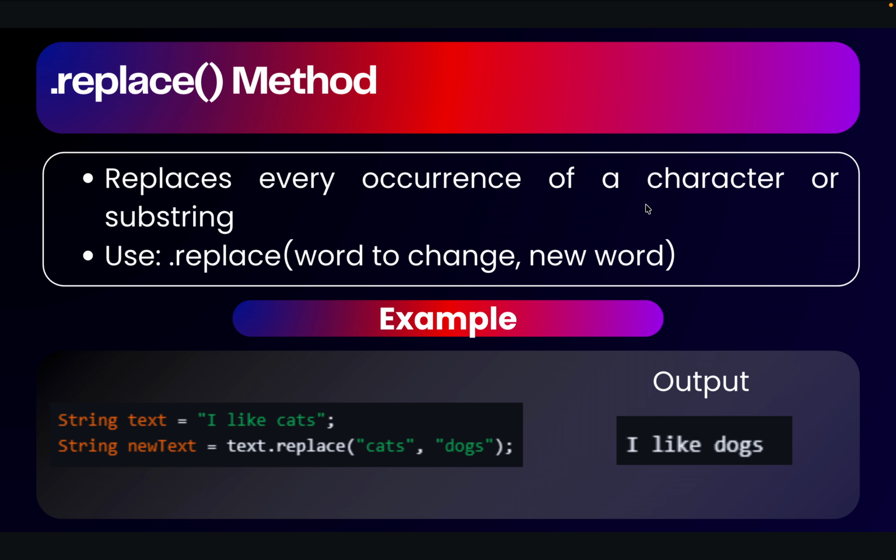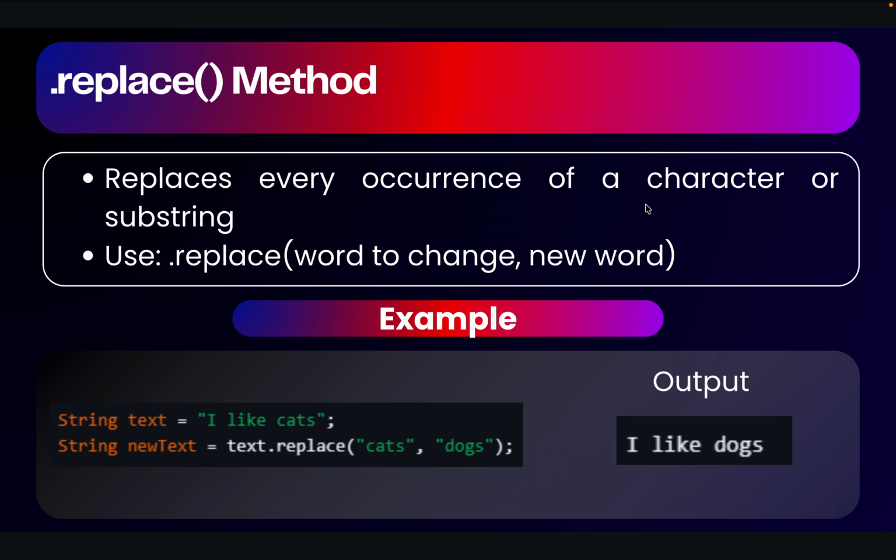So if you take a look at the example, you see text is holding the string I like cats. Now we have another variable called new text, and it's basically saying that we want to apply the replace method onto the string text, and we want to replace in the string anywhere that it says cats to dogs. So if you were to run this code and print it out, new text would return to you I like dogs.